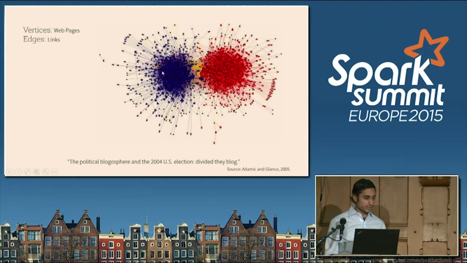So here, the edges are the links between the blogs, and the vertices are the web pages. This type of insight is really hard to come at when you just use SQL or data frames. You have to kind of break out of that world and have yet another paradigm of programming.